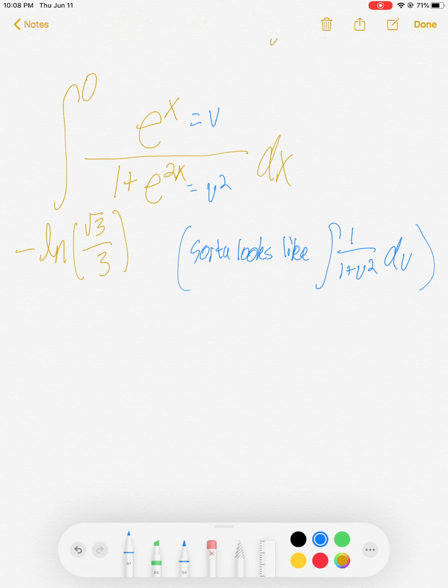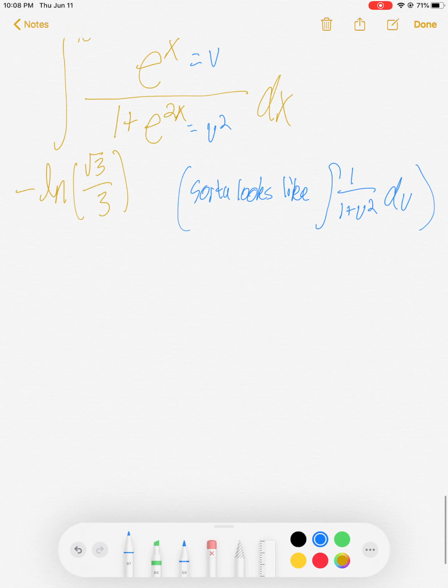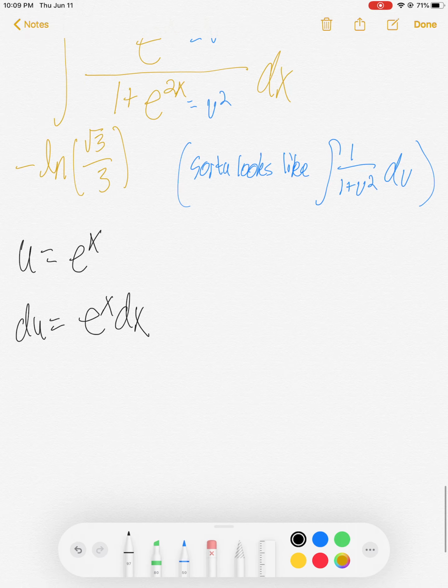Right? I do have a v on top, not a 1. But it sort of looks like I might be able to get something like this. That would be great, because we know what the integral of 1 over 1 plus v squared is. That's arctangent. Okay, that's one that we should know.